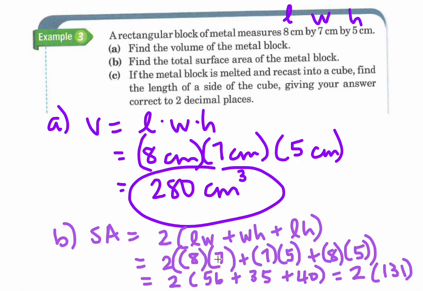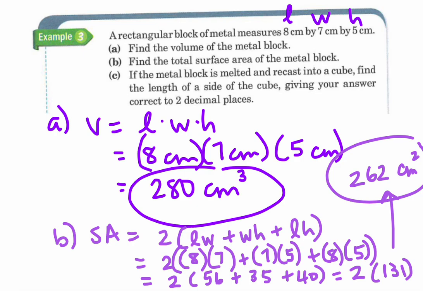We first multiplied the length times width, width times height, length times height. Then we add up those products together. And then at the end, we're going to take the 2 and multiply by that. 2 times 131 is 262. This is going to be centimeters squared because it is surface area. Surface area is only 2 dimensions, right? Because that's the net.